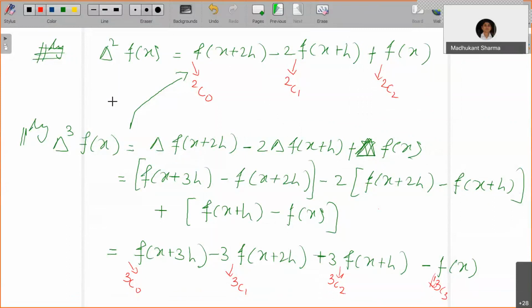Very good morning. We started defining new difference operators, finite difference operators.